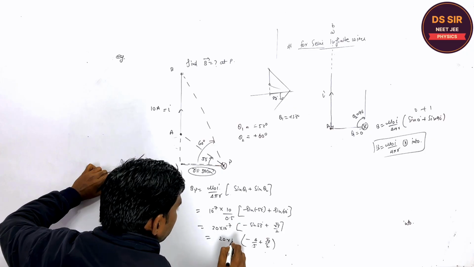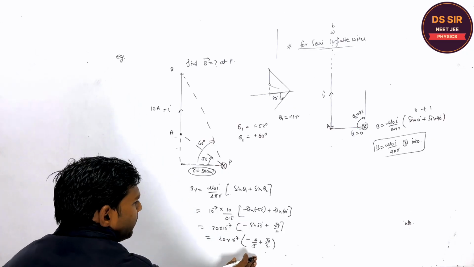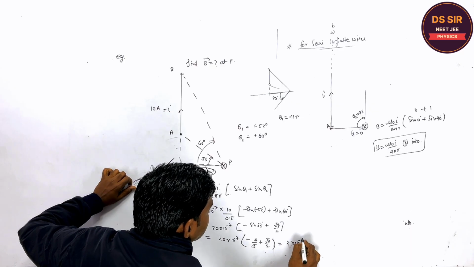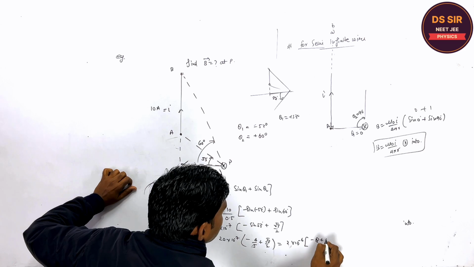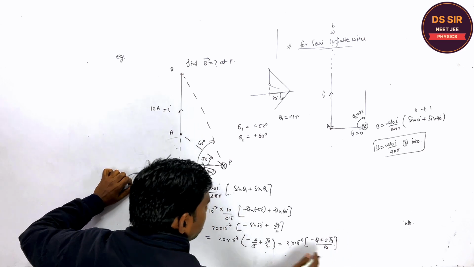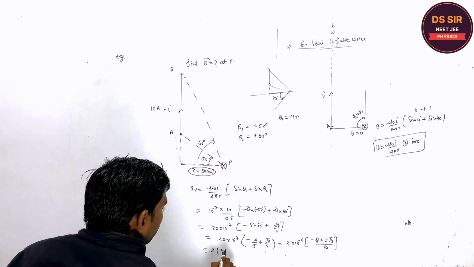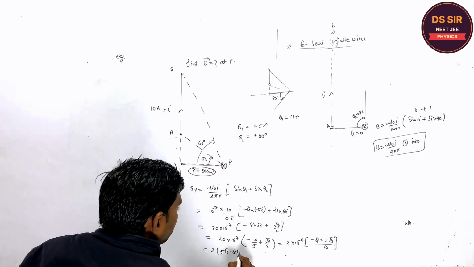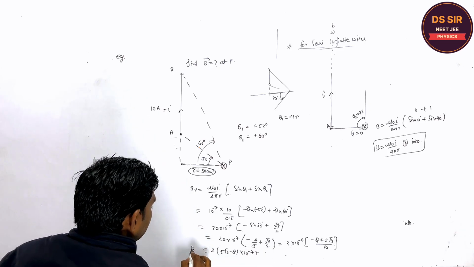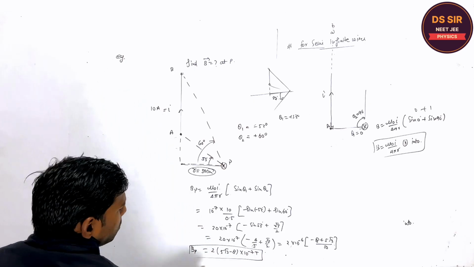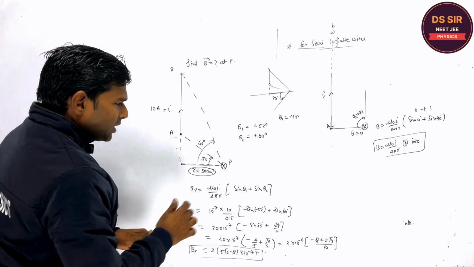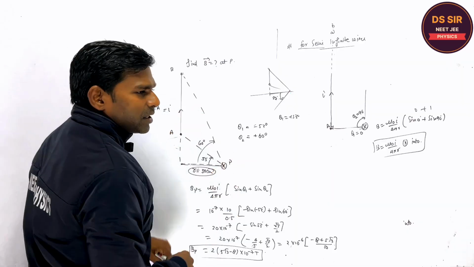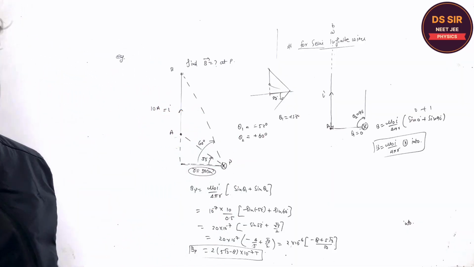You may simplify further: 2 into 10 to the power minus 6 times minus 8 plus 5 root 3 upon 10. So it is 2 into 5 root 3 minus 8, into 10 to the power minus 7 Tesla. This is the magnetic field at point P. Although you can calculate further, the important thing is that you have to take theta 1 as minus 53 and theta 2 in the correct direction.